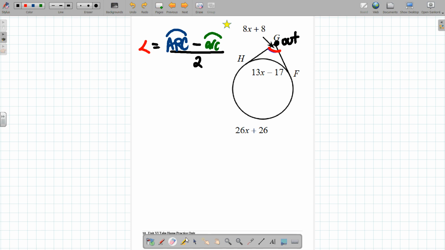I'm going to move this down just a bit for extra space here. So we have here 8x plus 8.